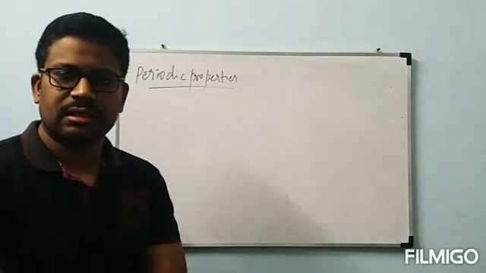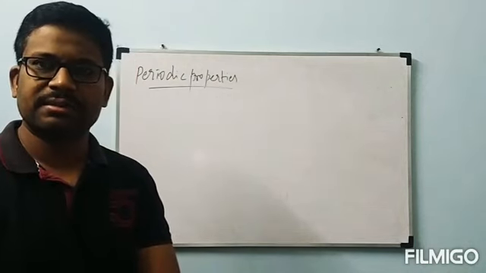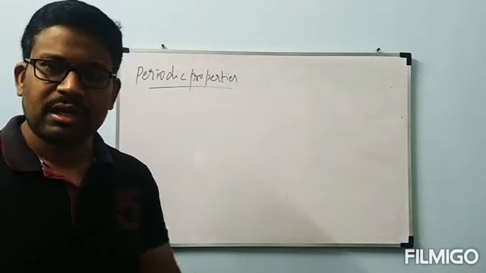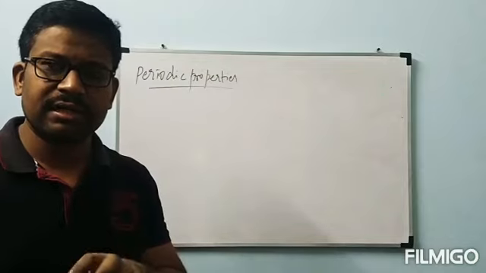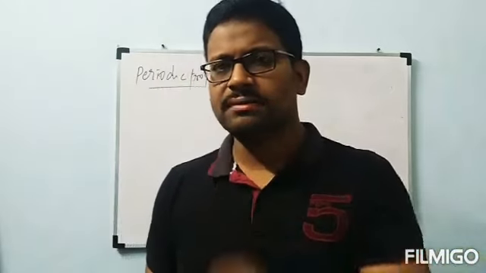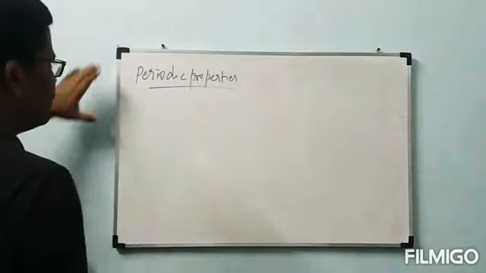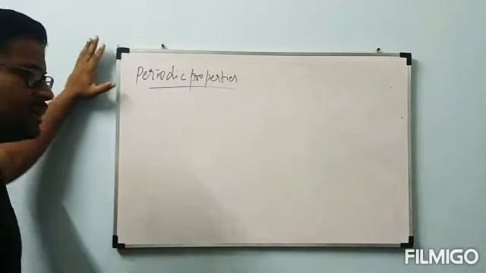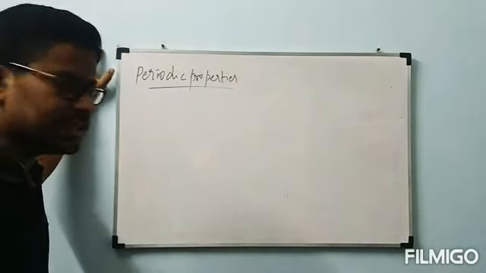After studying these definitions of all three types of radius, in what way will this radius be affected in a period and in a group? In a periodic table, horizontal rows are called periods and vertical columns are called groups. Already we know that. Now let us consider the variation of atomic radius along periods and groups.